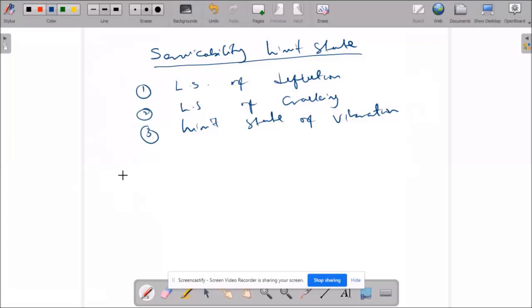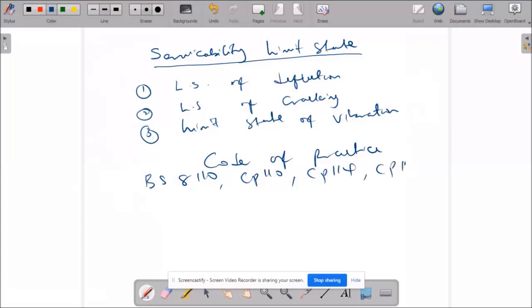So the next thing we also look at is the code of practice. Example, we have BS 8110. Previously we have CP 110, CP 114, CP 115, CP 116. Presently, the Eurocode 2 supersedes the BS 8110.